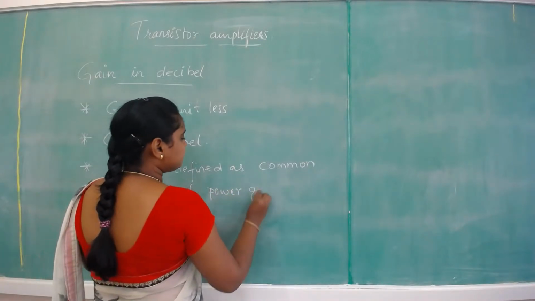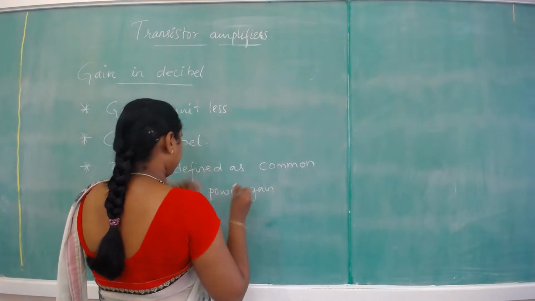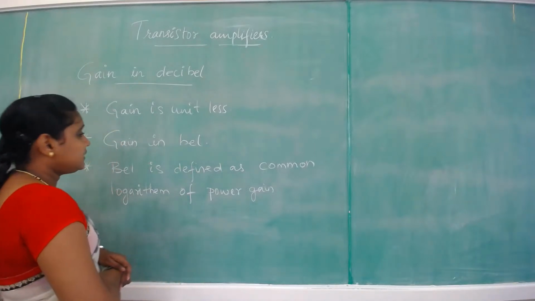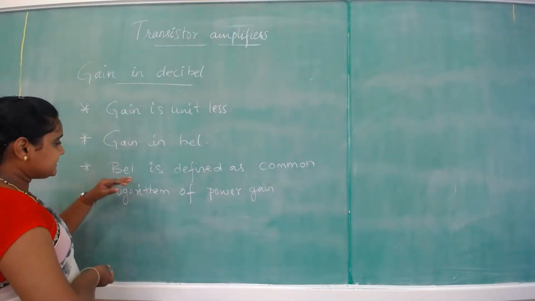Otherwise, common logarithm of the power gain is bel.